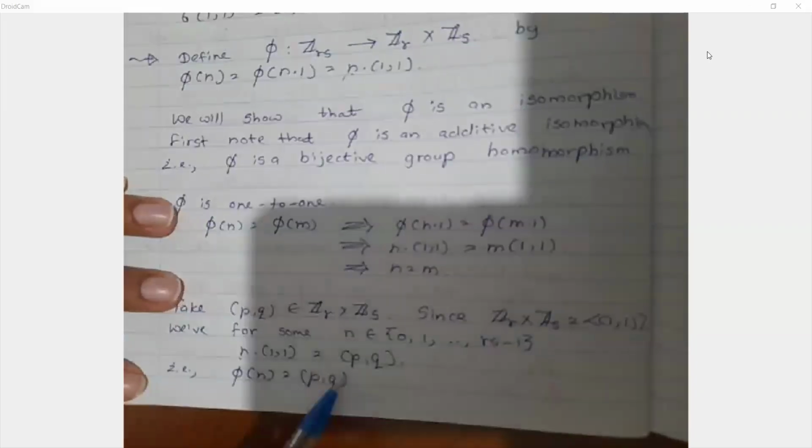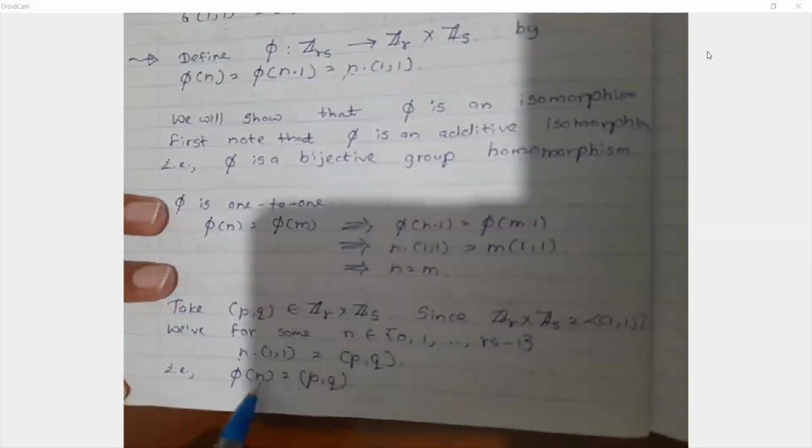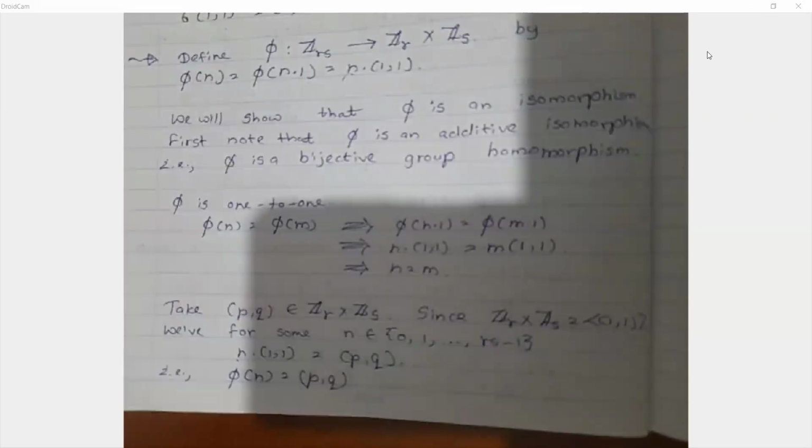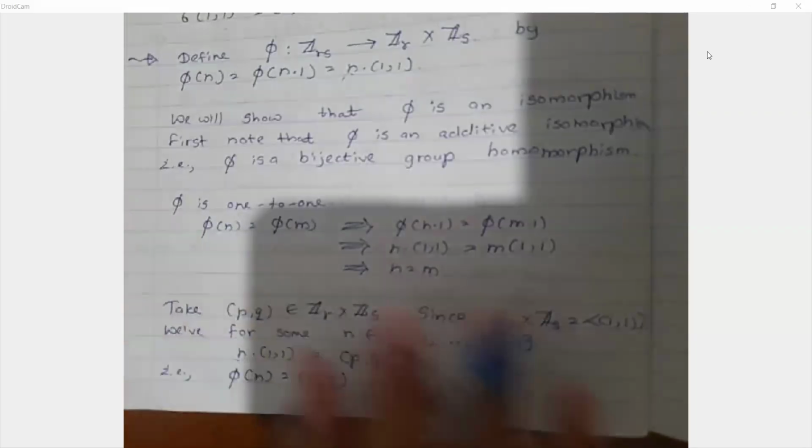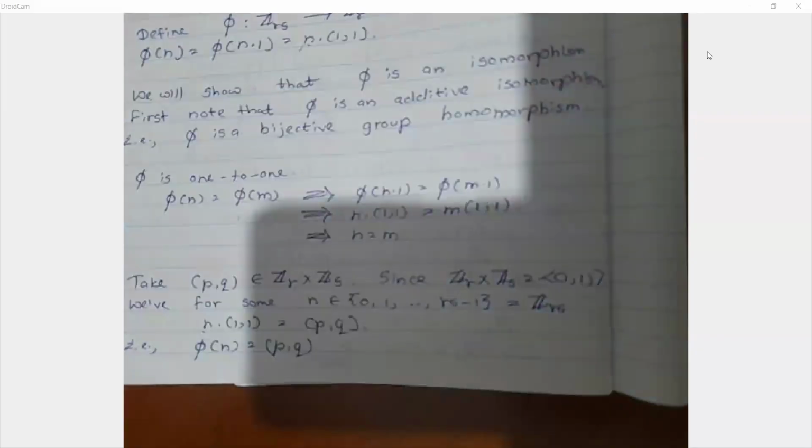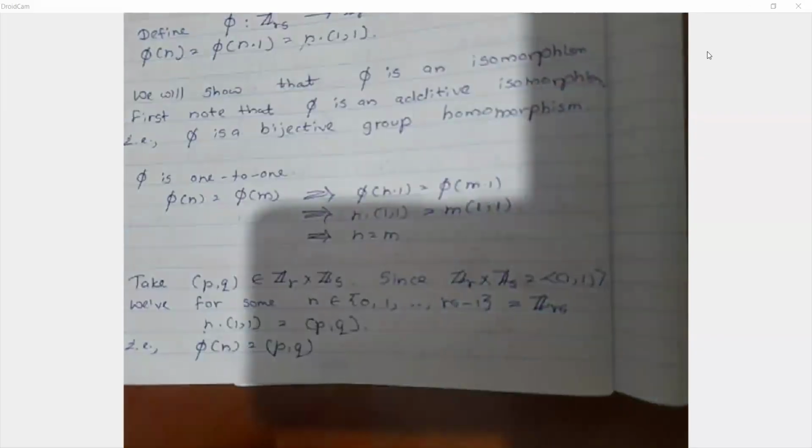So this ordered pair has the pre-image n through this mapping. Now observe, we have proved that phi is a bijection, right? We have shown that it's 1-to-1 and it's onto. So phi is a bijection. Now observe that this n is actually taken from Z_RS because these are exactly the elements that it contains. Okay.